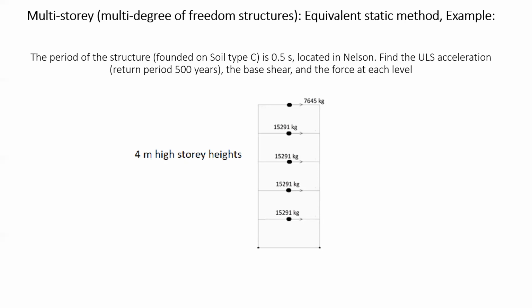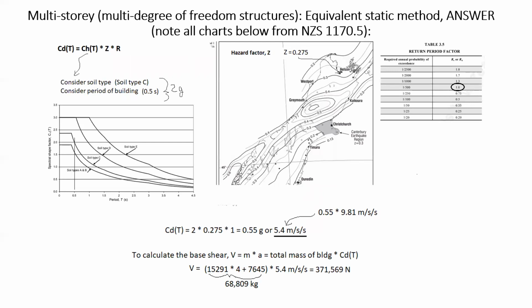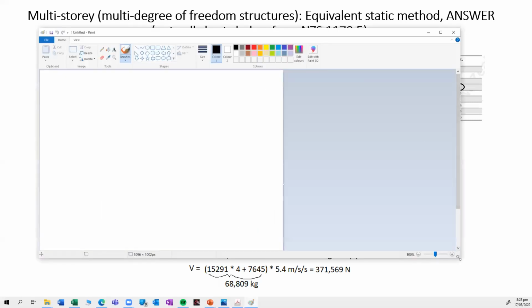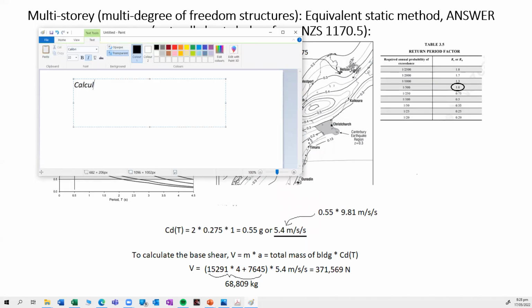I'll just rewrite that for you. You can just use Mi, it doesn't have to be Wi.